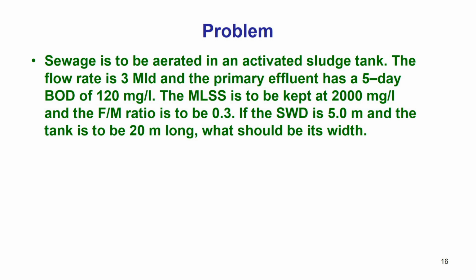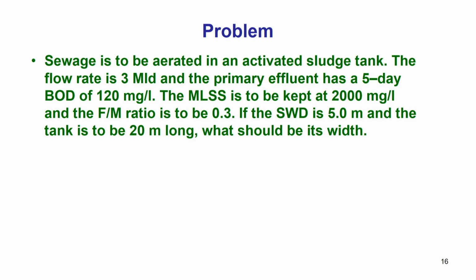Now this is a problem on this. The food to microorganism ratio is one of the important parameters. We should have sufficient food available for the microbes to work on. It should be around 0.2 to 0.5, and the F by M ratio has a unit.